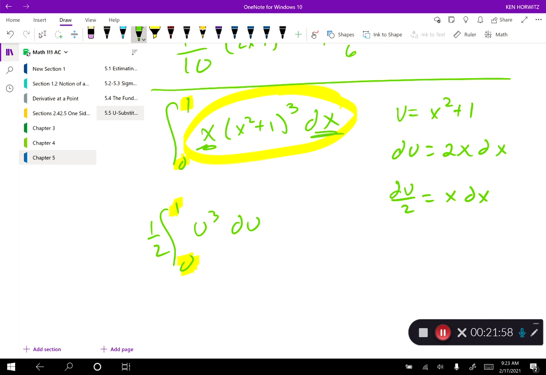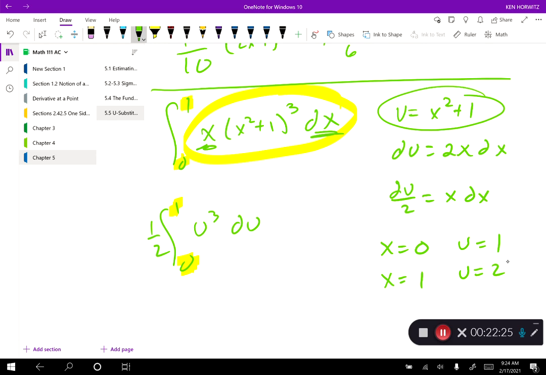So if the book shows you something different that you'd like to do, and you wind up with the same answer, that's fine. However, I'm going to use this equation over here, and I'm going to say when x equals 0, u equals 1. Because I take 0, I plug it in, I get u equals 1. If I take x equals 1, 1 plus 1 is 2, I get u equals 2.